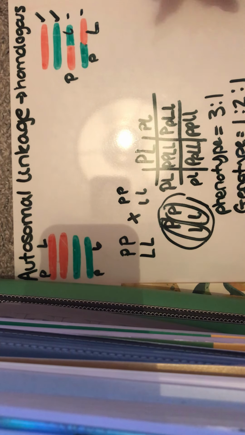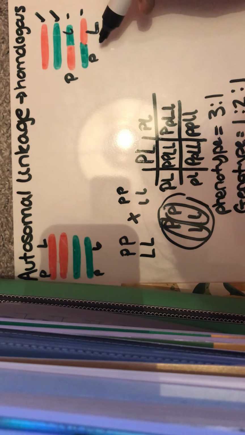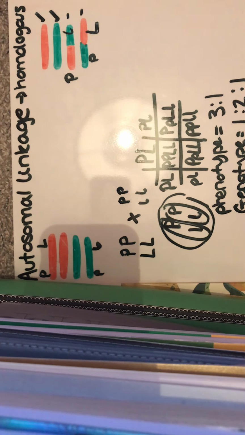We could have more phenotypes being produced. If we had capital P, lowercase l combined with a lowercase p and lowercase l, then they'd be purple flowered and short.